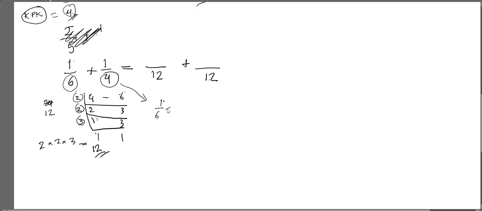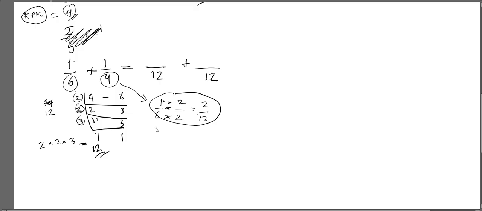For 1 per 6, 6 times what becomes 12? It is 2. 6 times 2 equals 12. So we do the same with the numerator here. 1 times 2 becomes 2. So 2 per 12.